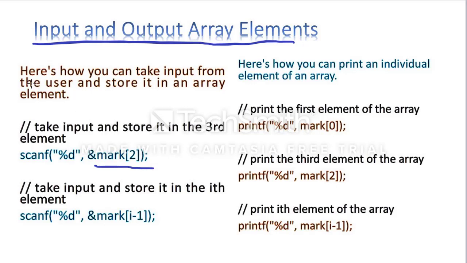Here is how we take inputs from the user to store in an array. Already I have taken, for example, scanf %d comma ampersand mark of 2. Mark of 5 is already declared as an array, and I want to take the value through the keyboard into a particular location.